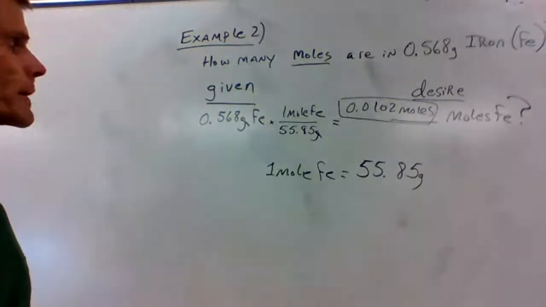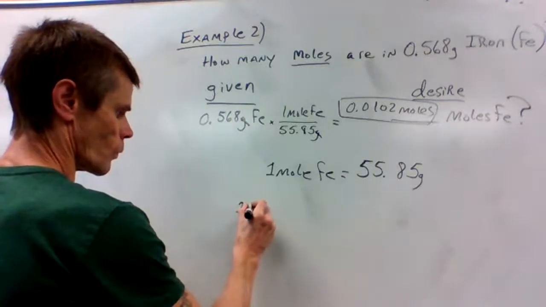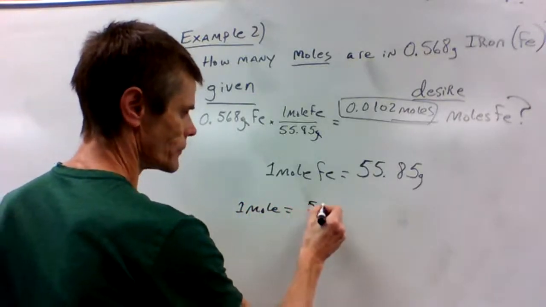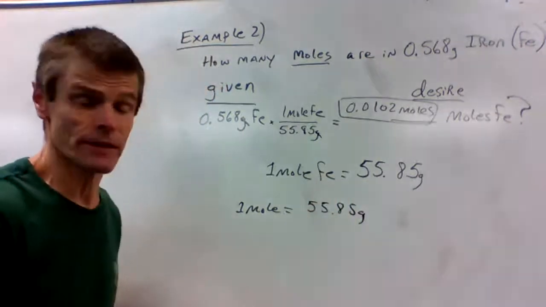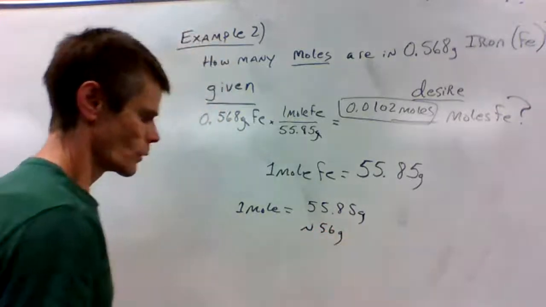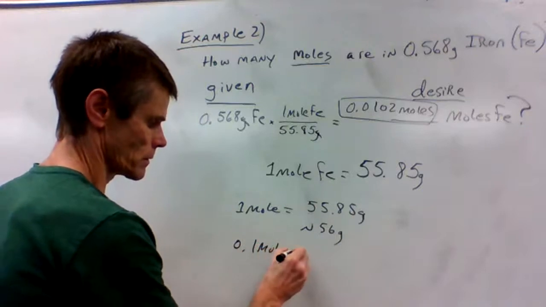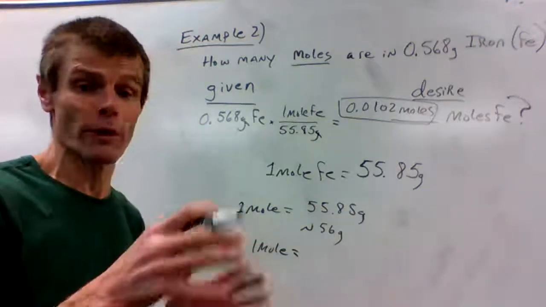Does our number seem reasonable? Well, let's see. 1 mole has a mass of 55.85 grams, or roughly 56, about 56 grams. Good? What would 0.1 mole weigh? 0.1 mole would be about 5.6 grams.